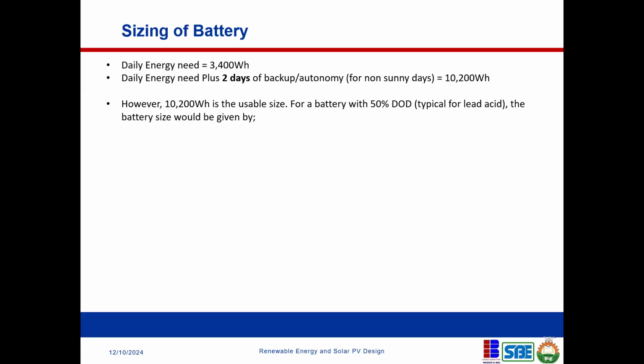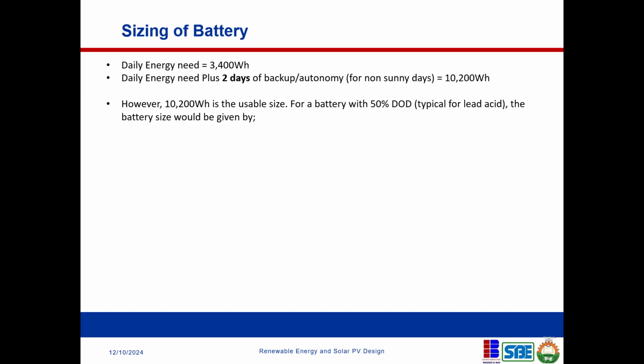So you need to put this into consideration in your calculation, because if you size the battery bank at 10,200 watt hour with a depth of discharge of 50%, what you're essentially delivering to the load is half of this, which is 5,100 watt hour. But we don't want that. And I think this is where some designs begin to get problems.